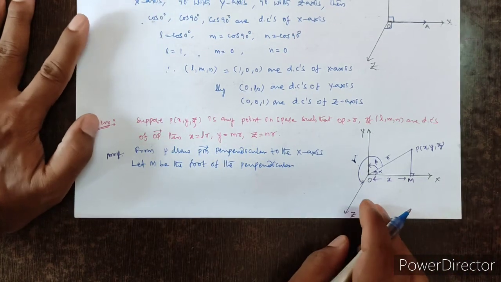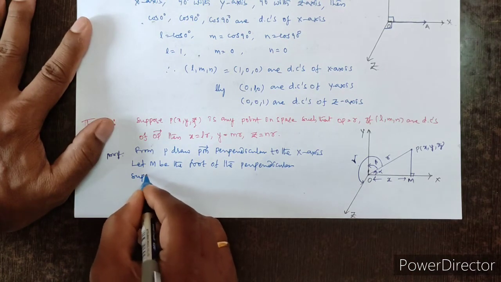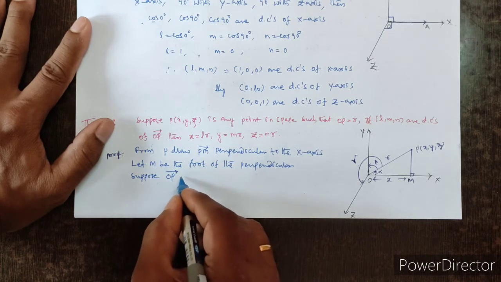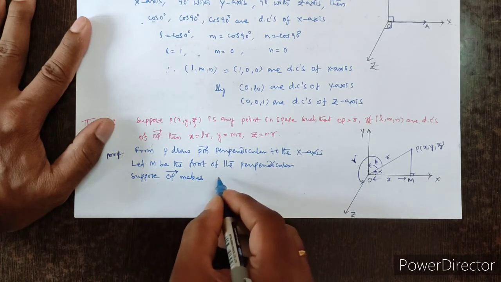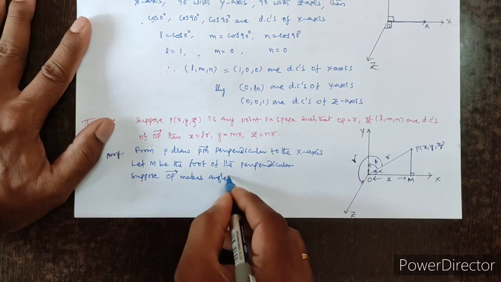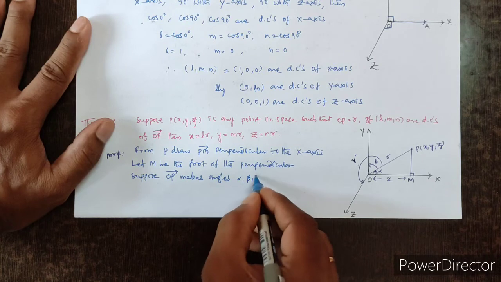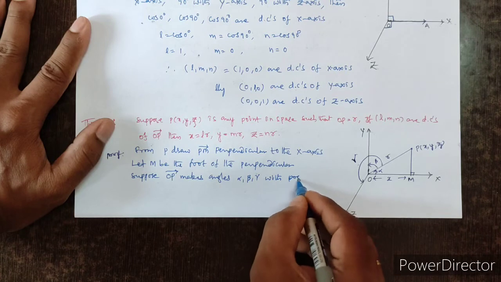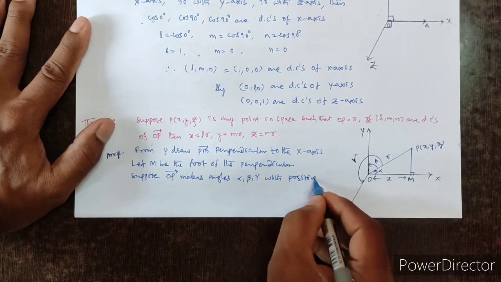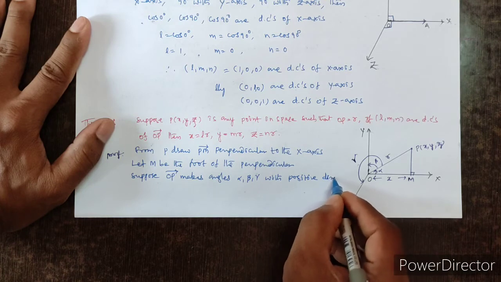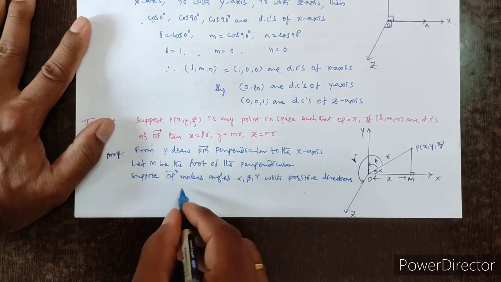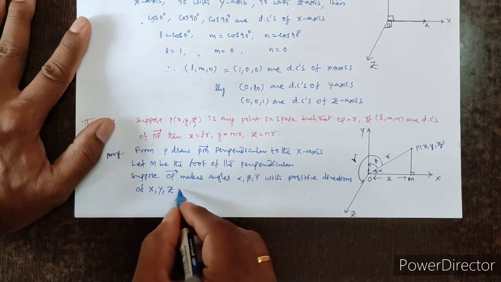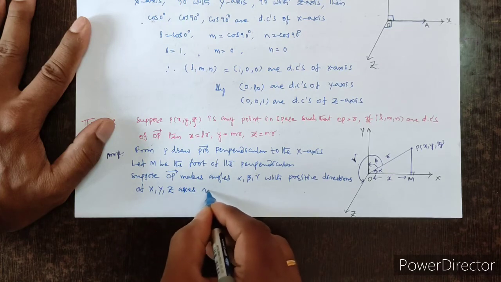Suppose the OP ray makes angles alpha, beta, gamma with the positive directions of the x, y, z axes respectively.